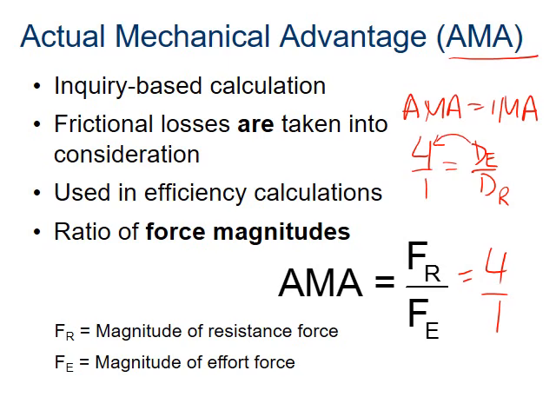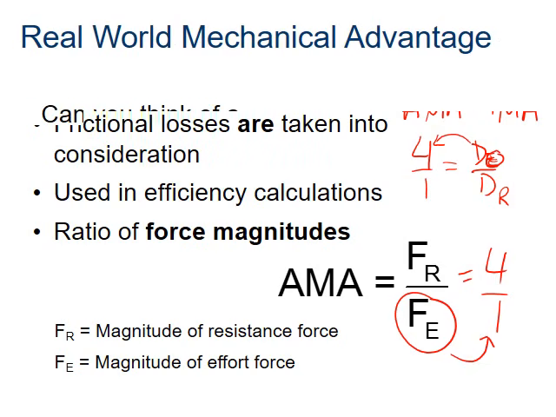So the distance of my effort is going to be 4 times greater, but my force of effort is only going to be 1/4 of what the resistance is. So note the difference. The distance of effort is 4 times greater, but the force is 1/4 of what the resistance is. So there's a trade-off. So that's how those two are related.